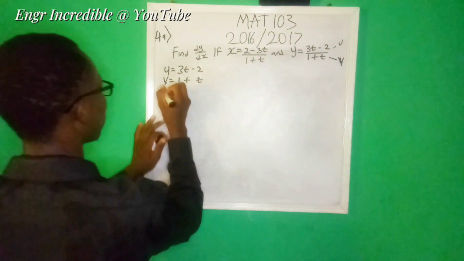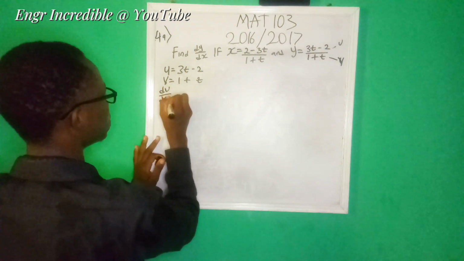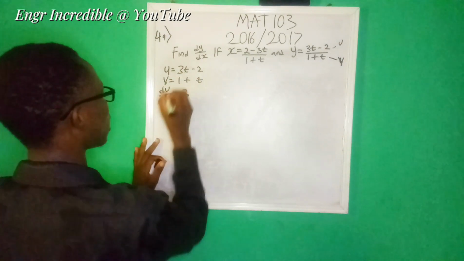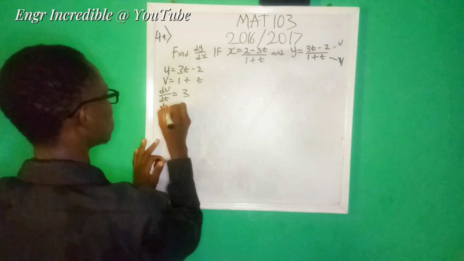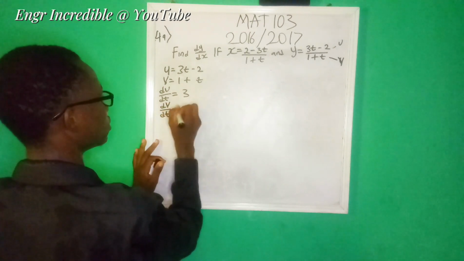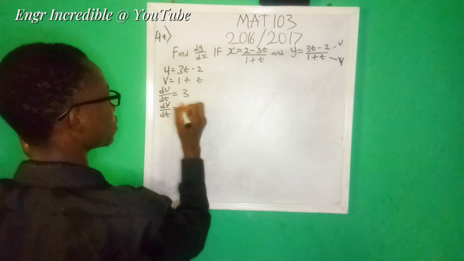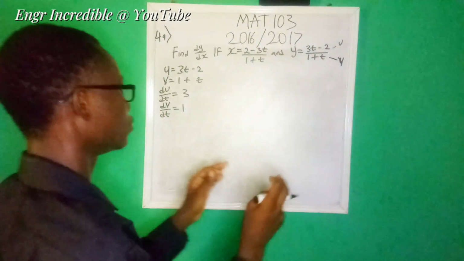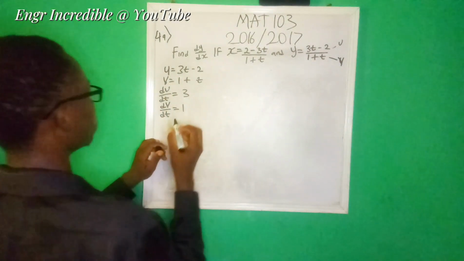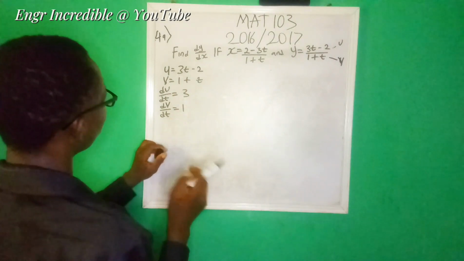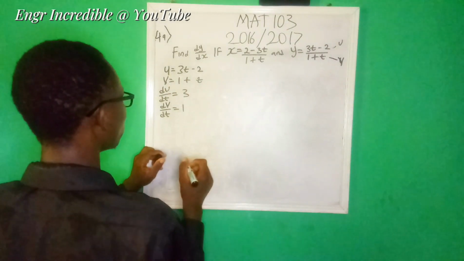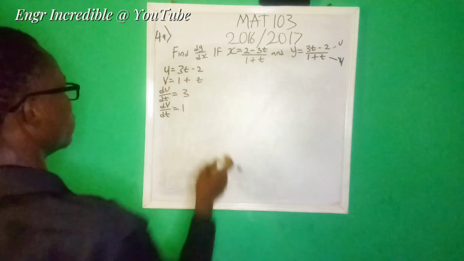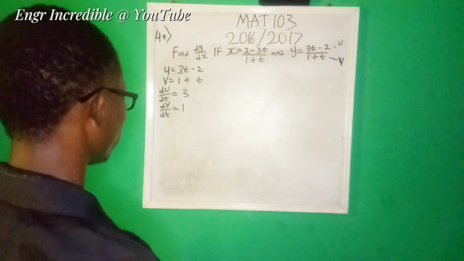Therefore our du/dt is equal to, when we differentiate this, 3, and our dv/dt is equal to, when we differentiate this, 1. That is for this y here. Then we use our quotient rule, we get v times du/dt minus u times dv/dt all over v square.